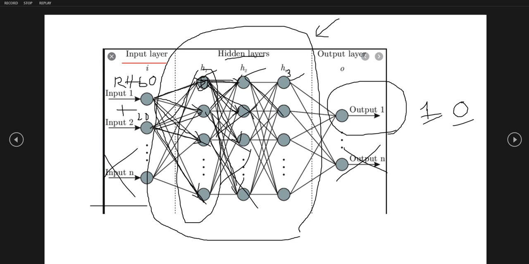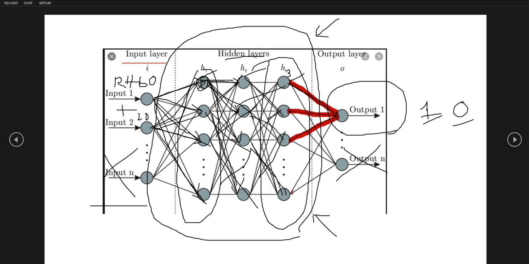And from here to here, and from here to here, so all the neurons send the signal to every other neuron. And then this final layer, which is the depth, which here is 3, each one of them will send the signal here. I'll do it in red so you see it, and I'll put it a bit thicker, okay? This one will send it here, this one will send it here, this one will send it here, this one will send it here.